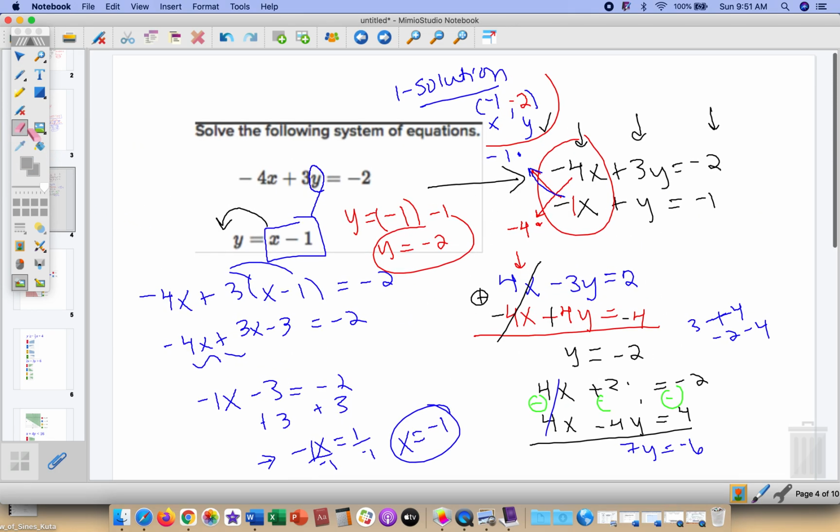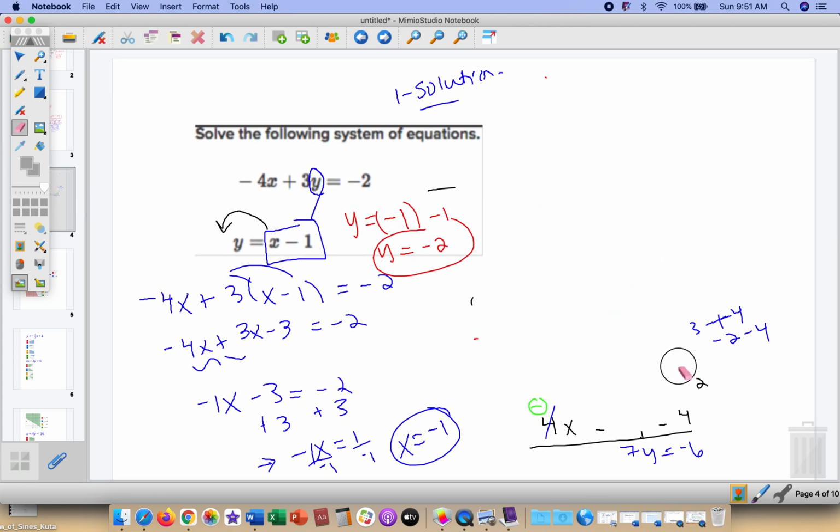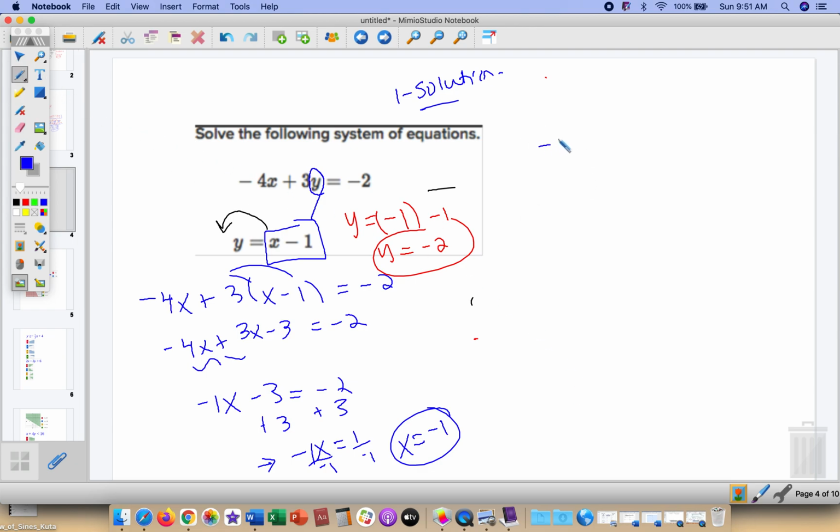Let's try that again. So if I wanted to do elimination, we could rearrange. So we have negative 4x plus 3y equals negative 2. The bottom was negative x, if I move stuff around, plus y equals negative 1. I could multiply the top by negative 1, multiply the bottom by negative 4. So on top I'd have negative 1 times negative 4 is 4, 4x.